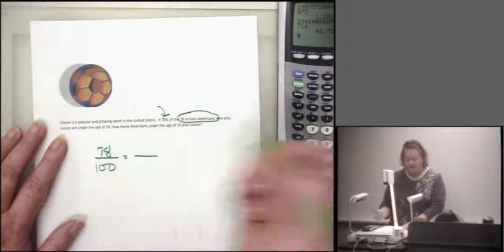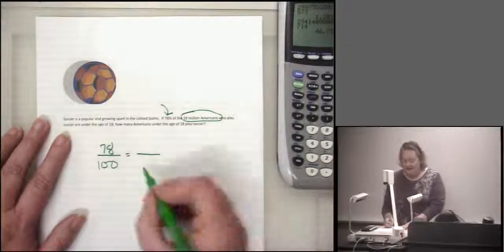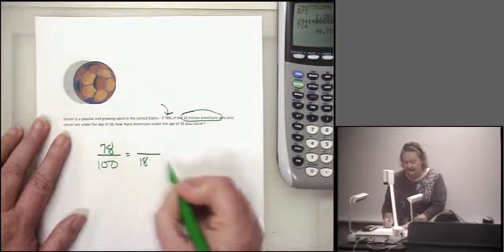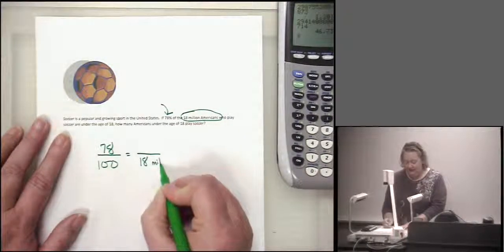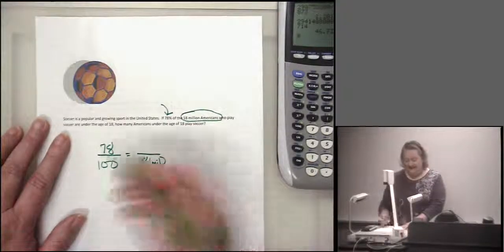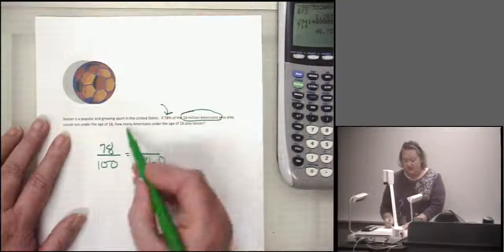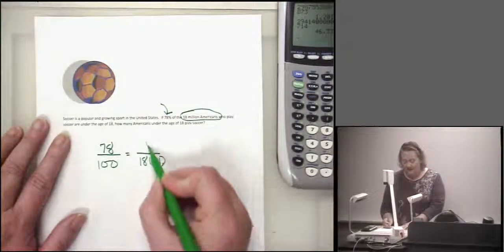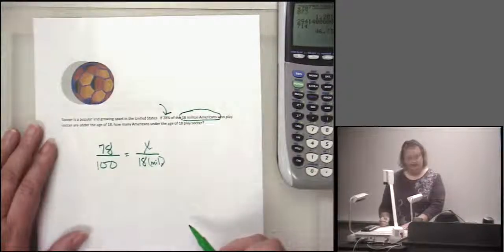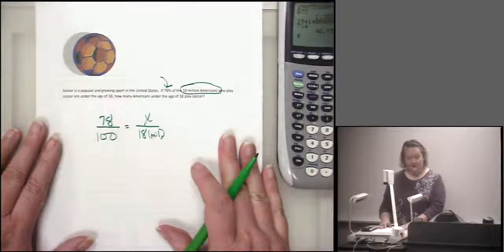So from whichever survey I looked at to make up my problem, it's saying 18 million. I'm going to leave that as just 18. And 78% of that 18 are under the age, and it wants to know how many under the age of 18. So that's the X. That's what we're looking for.